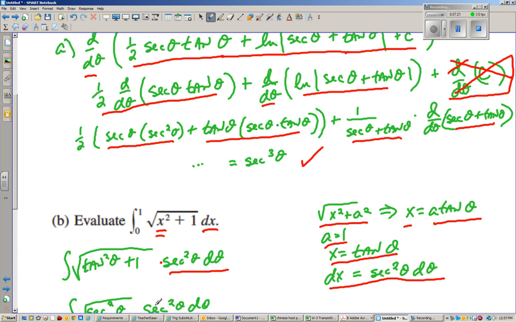Maybe I should mention that at this point it's probably good practice to think about putting those limits in and translating them in terms of theta. In other words, the tangent of 0.